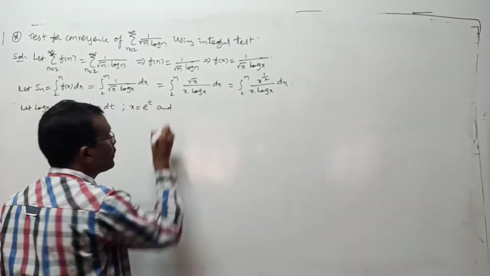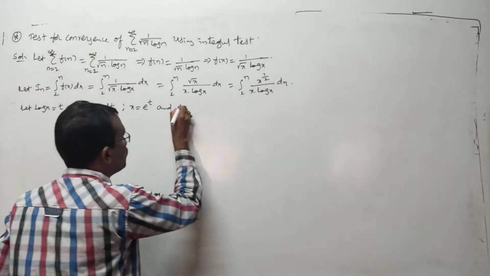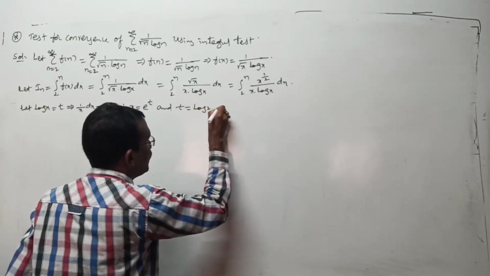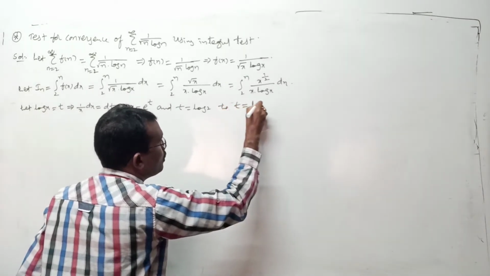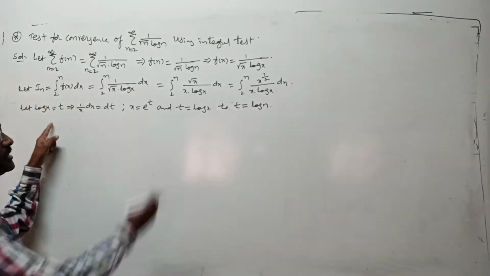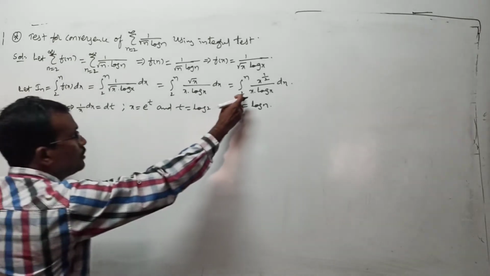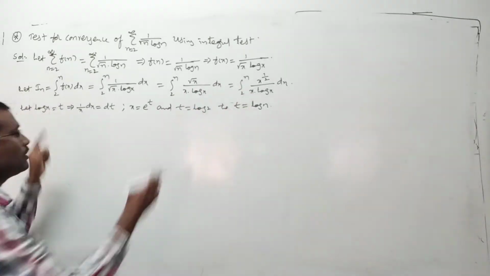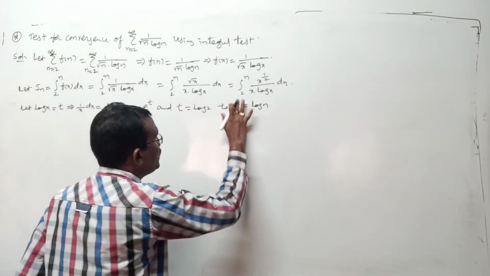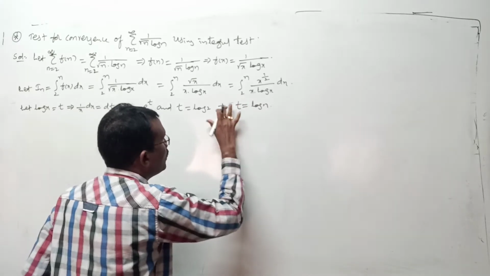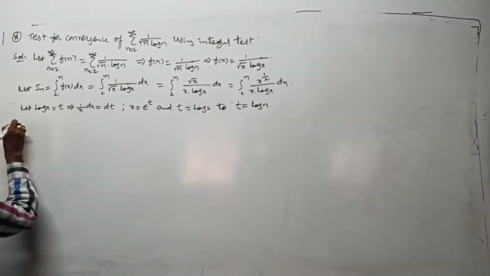For the limits, if x equals 2 then the t value is log 2, and if x equals n then t equals log n. Basically these are x limits substituted here. So t varies from log 2 to log n.